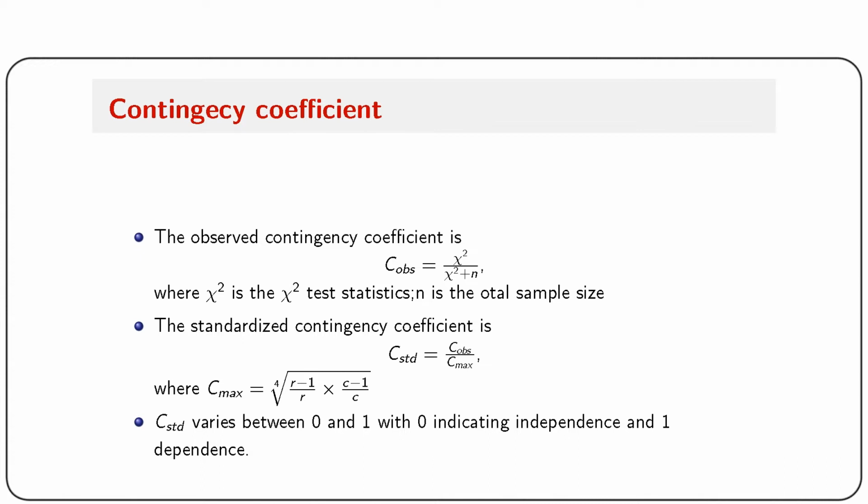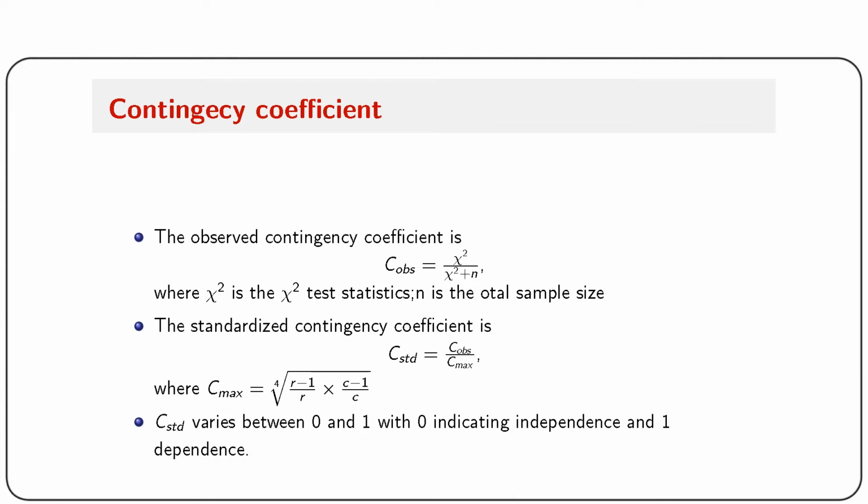The standardized contingency coefficient is derived by C observed divided by C max, where C max is the fourth root of (r minus 1) by r times (C minus 1) by C. But when the number of columns and rows is the same, it simplifies to the square root of (r minus 1) by r. And C standard lies between 0 and 1.